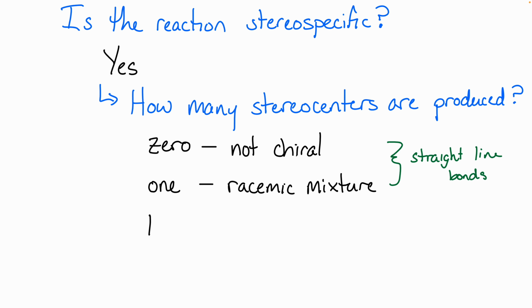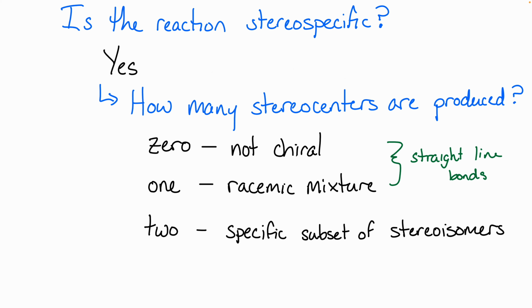All right, but if we do make 2 stereocenters, then we're going to produce specific stereoisomers. I'm going to even say a specific subset of stereoisomers. So if there's 2 of them, that's when we're going to make sure to include our dash and wedge bonds.